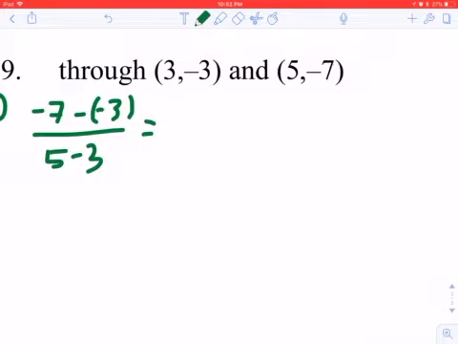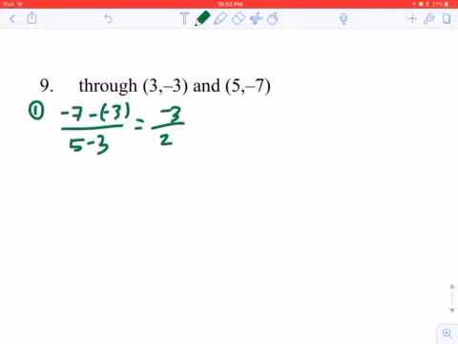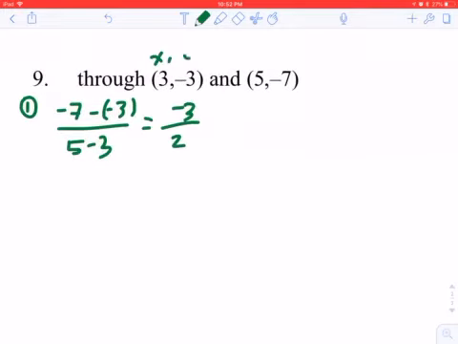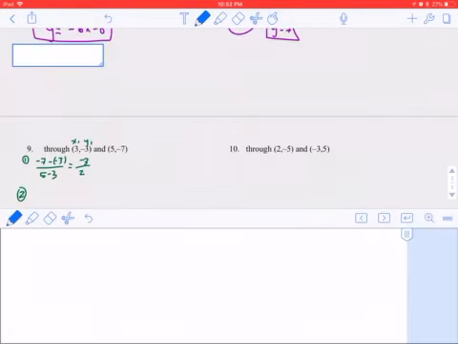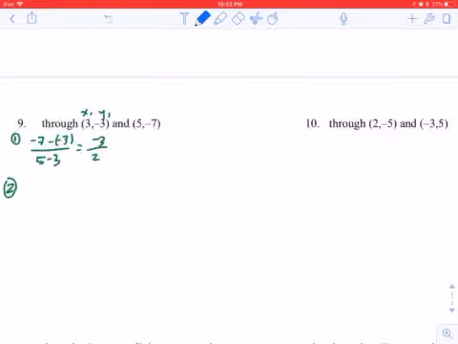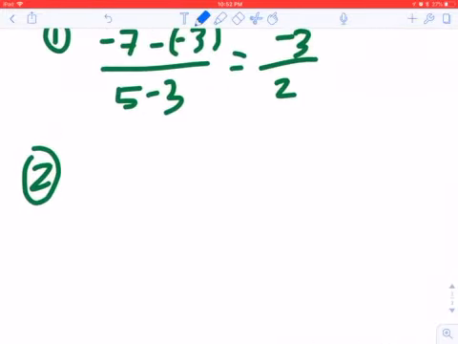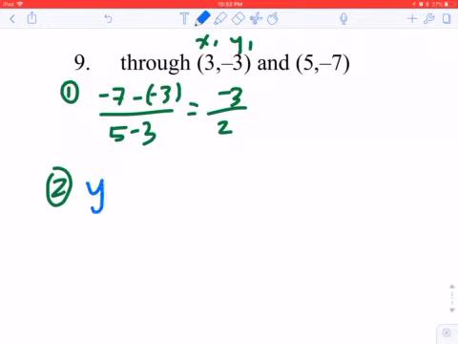So negative 7 plus 4, that's a negative 3. And the bottom's a 2. So second step, point slope form. Point slope form says y minus negative 3 is equal to negative 3 over 2 x minus 3.